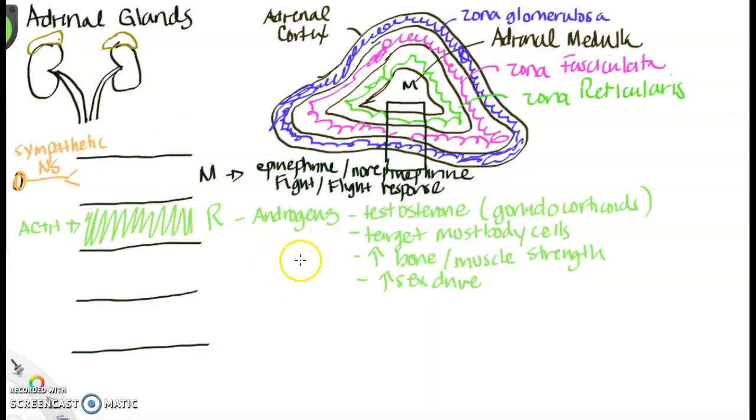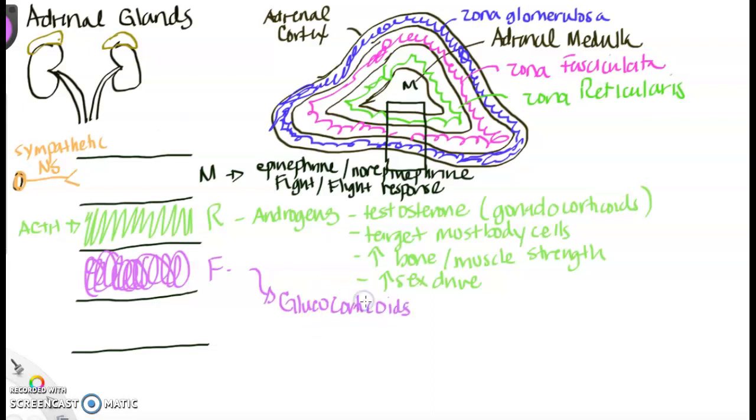All right. The next layer is the pinker layer. And this is the zona fasciculata. So the zona fasciculata makes glucocorticoids. And the main hormone from here is going to be cortisol.